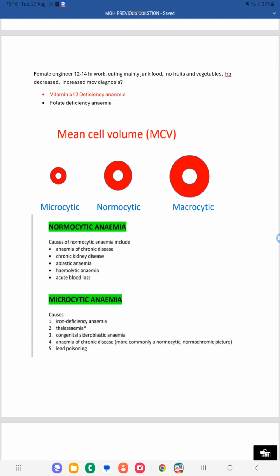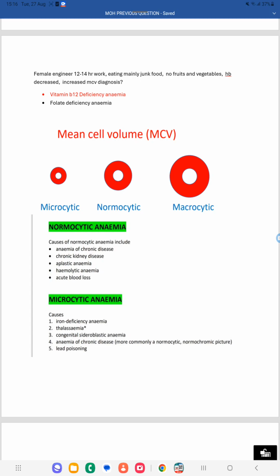Mean corpuscular volume means the size of the RBC cell. If you are checking the size of the RBC cells and you get a value between 80 and 100, or 85 and 100, it means the patient has normocytic anemia.